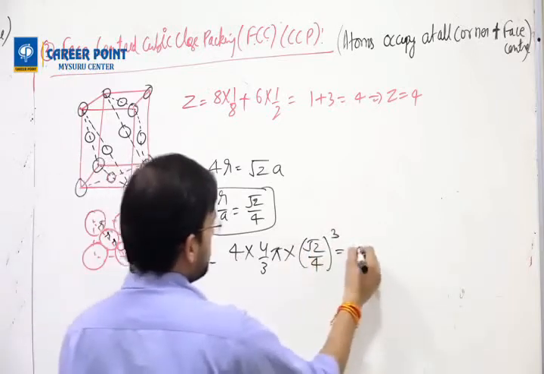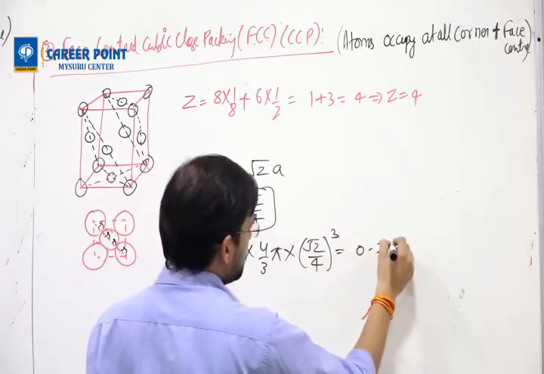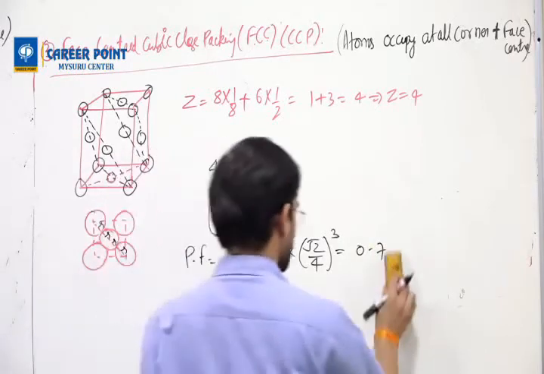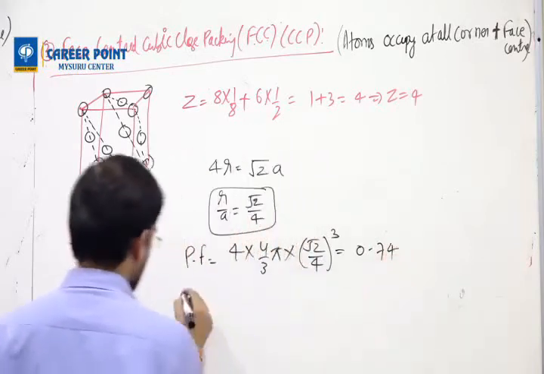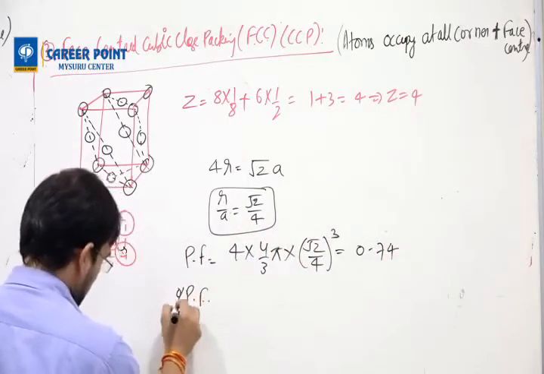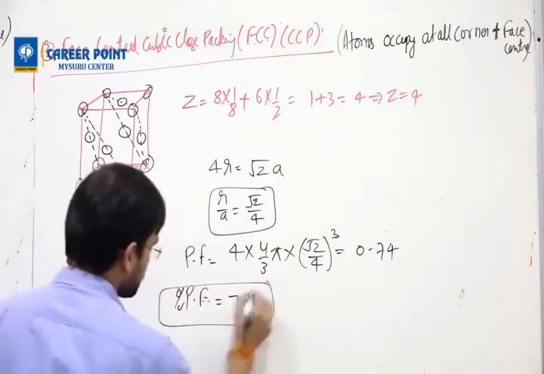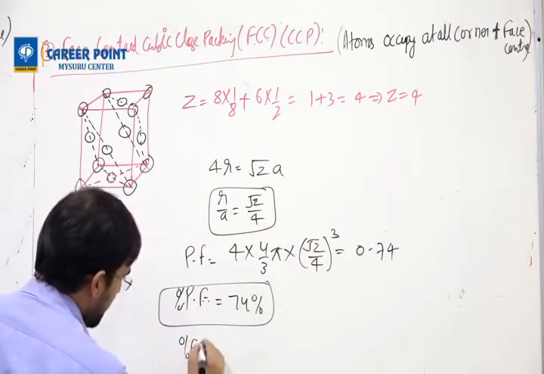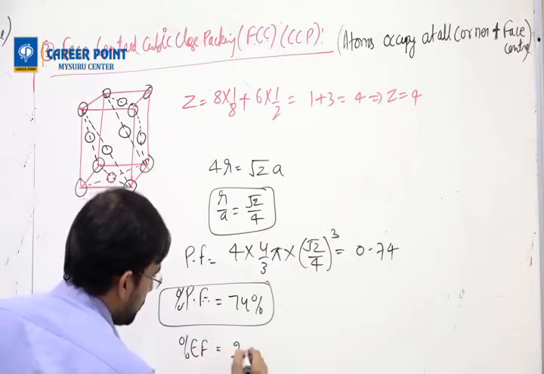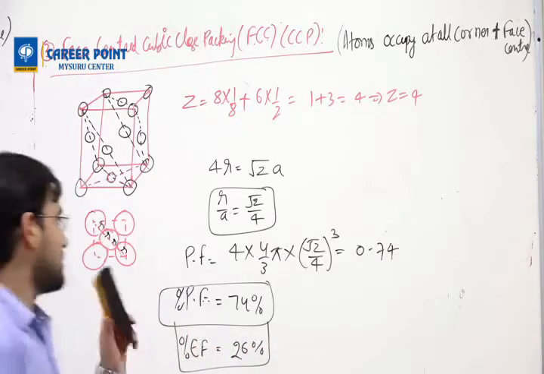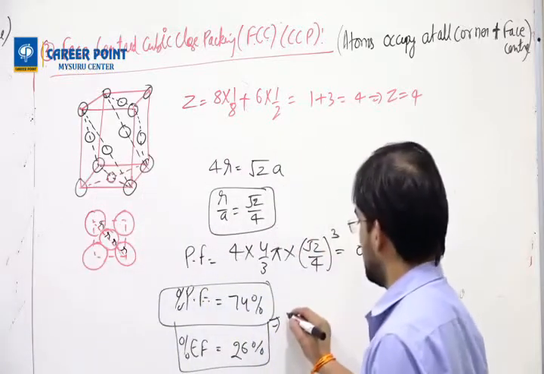When you solve this, we get 0.74, not 0.72. So packing fraction percentage is 74%. Percentage empty fraction is 26%.